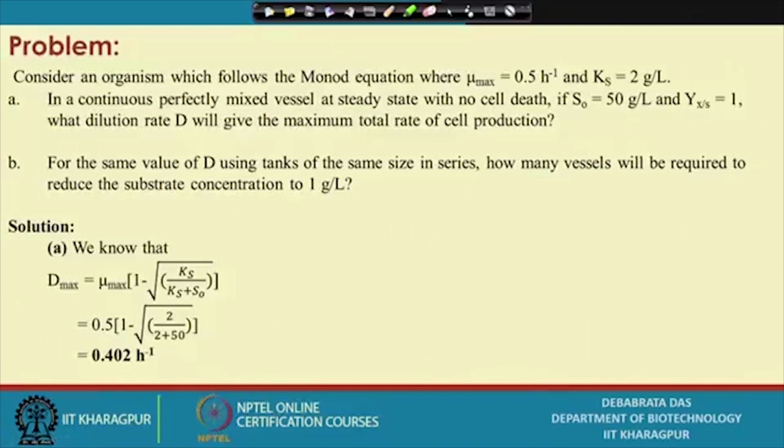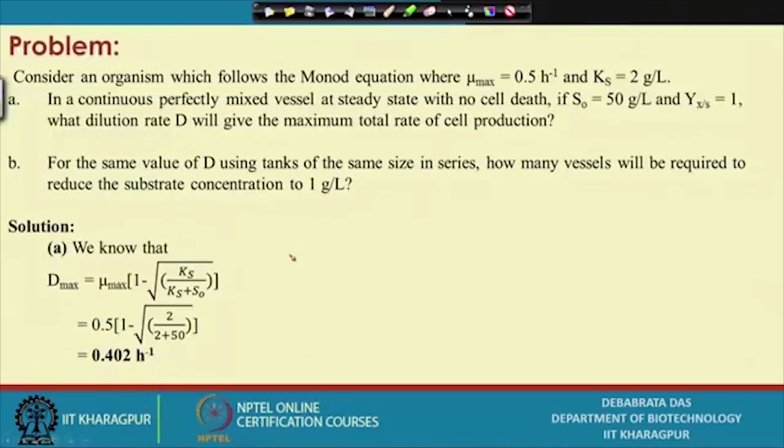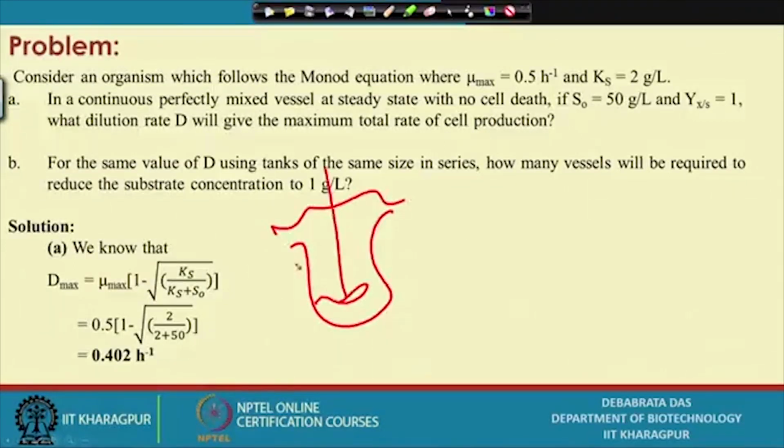Now the next problem is a very interesting problem, that is how we can analyze the cascade type of reactor. Cascade means multiple CSTRs, one after another. Why are we interested? Because when we operate a single chemostat, our problem is a little bit simplified, as this is coming and going.